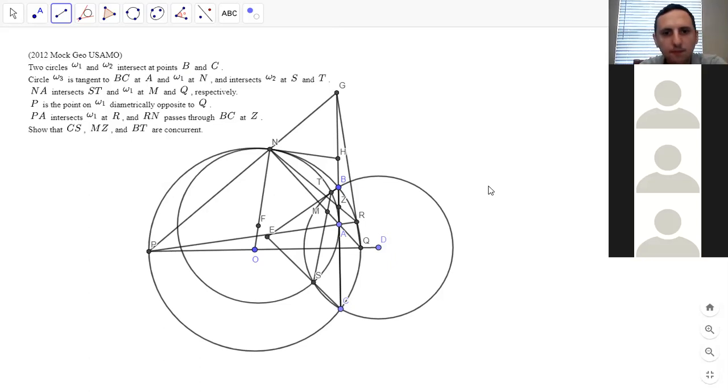NH, the tangent at N, will be the radical axis of circles F and O, right? TS will be the radical axis of circles F and D, and BC will be the radical axis of O and D. Yeah, so TS passes through H. As well, TA will be the tangent.